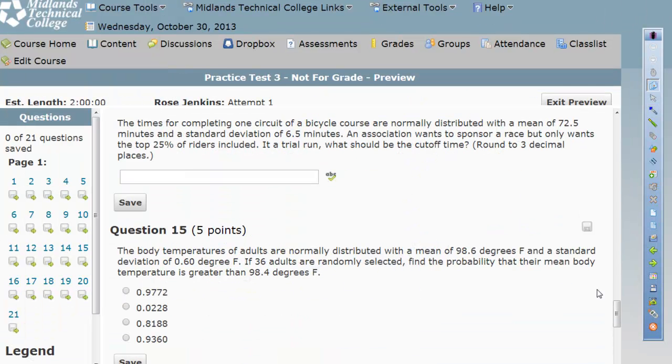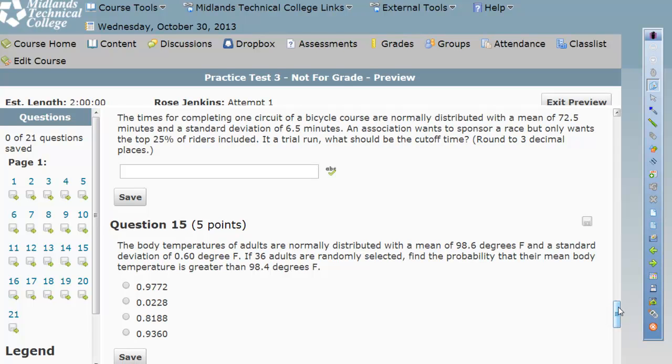I think for me, the trigger is x, z, and probability. In this problem, we were given the 25%.